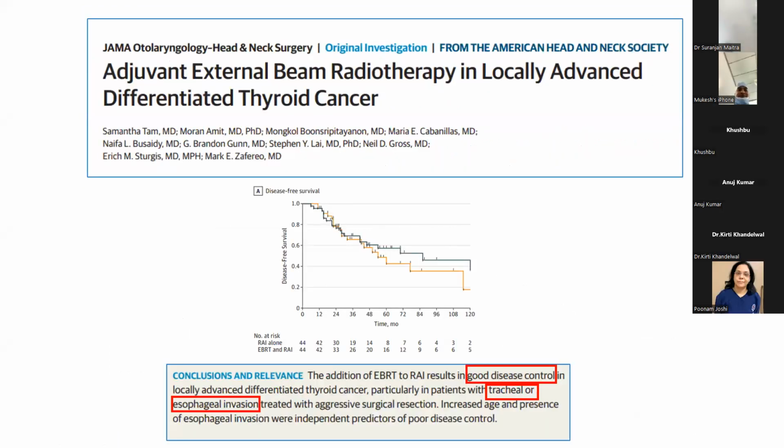Then coming to another more recent study on locally advanced thyroid cancers, again, which mentions that in terms of disease-free survival, there is a role or benefit with addition of external beam radiation therapy, especially in patients who have tracheal or esophageal invasion even after treatment with aggressive surgical resection.